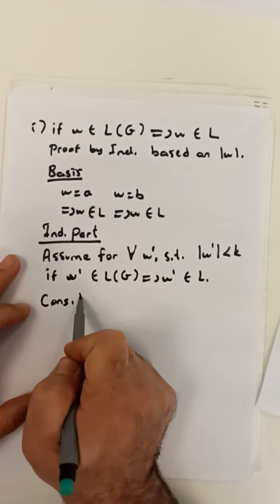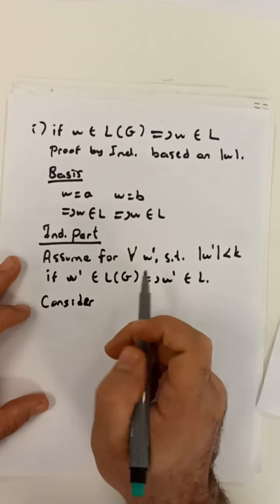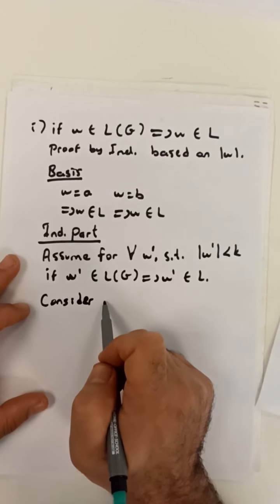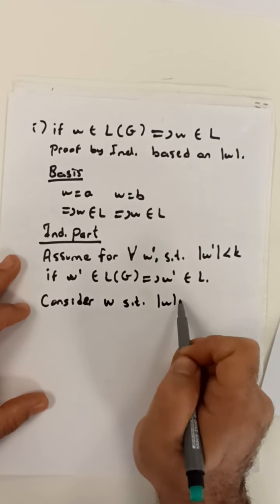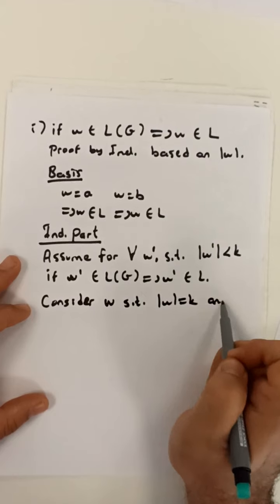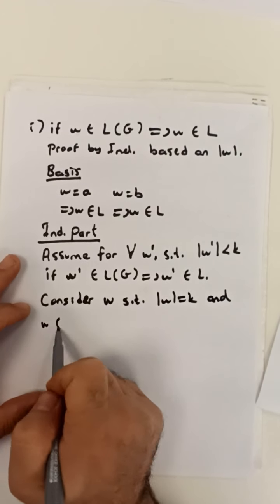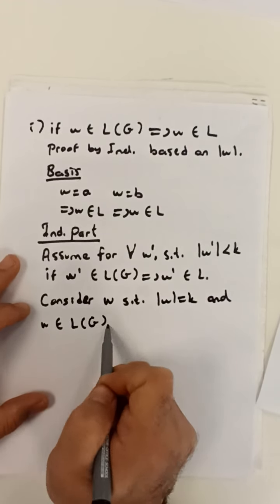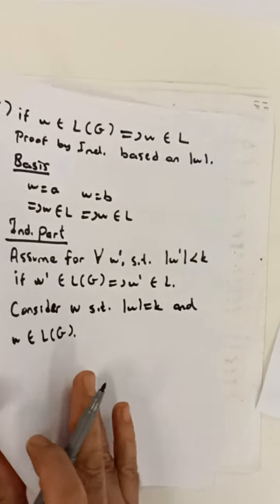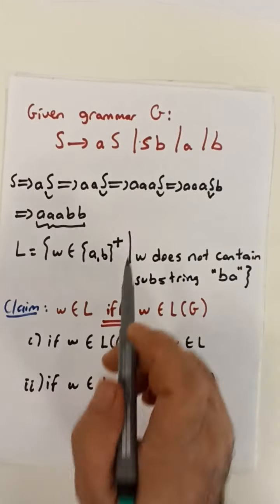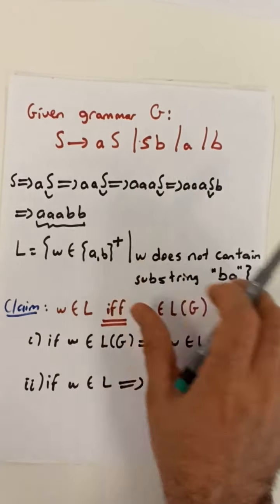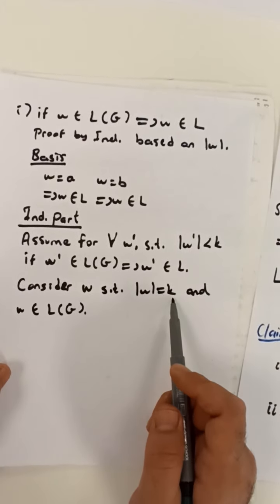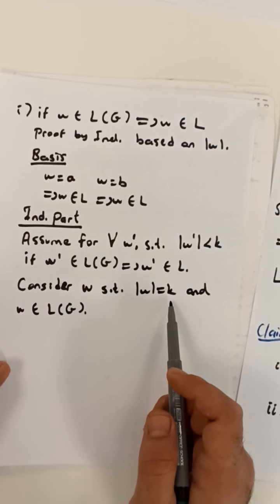Let's start with, consider some W such that length of W is equal to K and such that W belongs to the language of our grammar G. Let's revisit our grammar G. Our grammar G was in this format. Now length of W is equal to K, and we are assuming that K is already greater than 1.